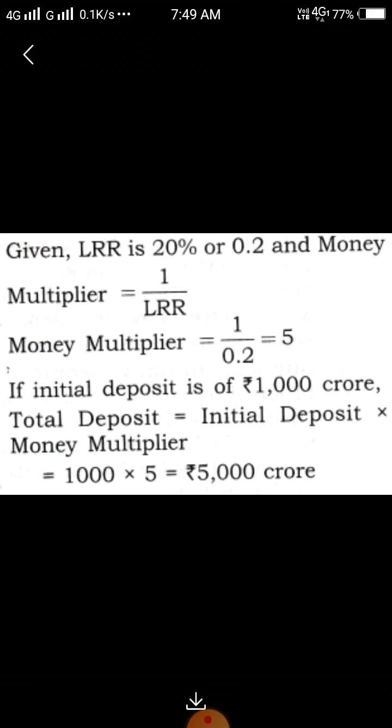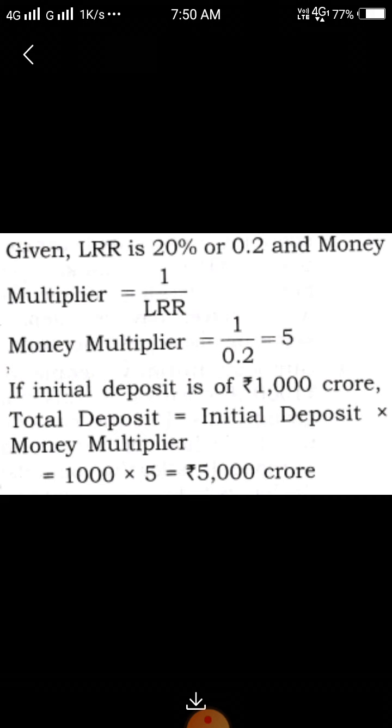It means if the initial deposit is rupees 1,000 crore, the total deposit equals the initial deposit times the money multiplier. So what is the money multiplier? It will be 5 times that initial deposit.